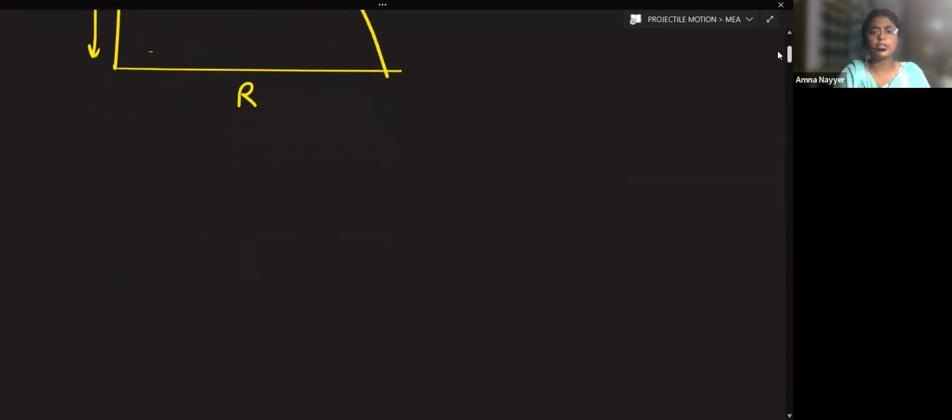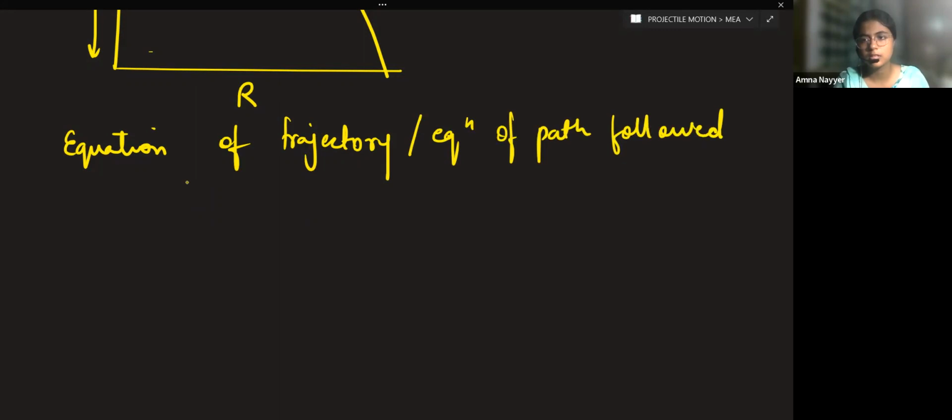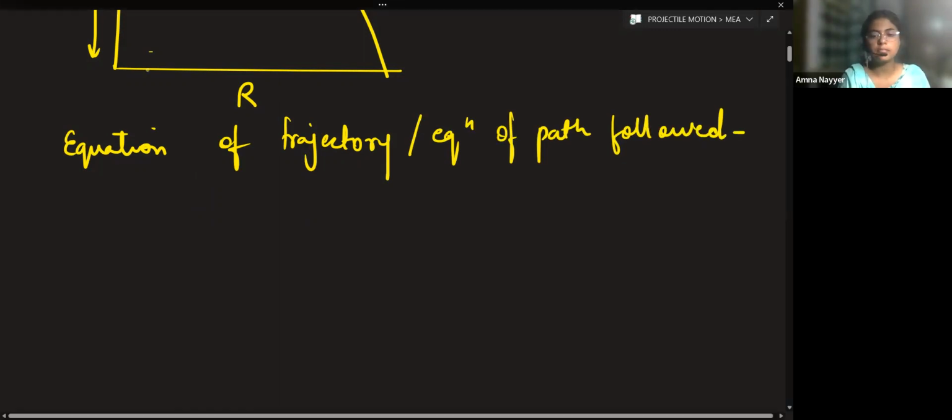So equation of trajectory, or you say equation of path followed. Here the formulas of range of motion and time of flight are also easy.